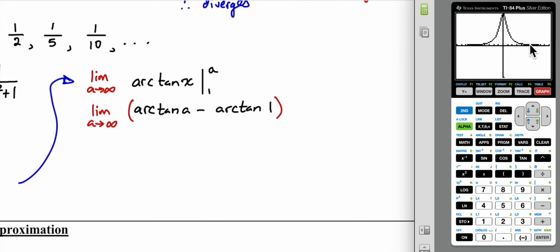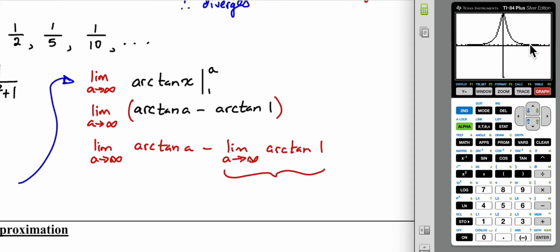So the limit of the arctan of a minus the limit of the arctan of 1. Now, the arctan of 1, that limit is constant, so that's going to be the arctan of 1. We'll get to what that is in a minute. But the arctan of a, you can figure that out any way you want.